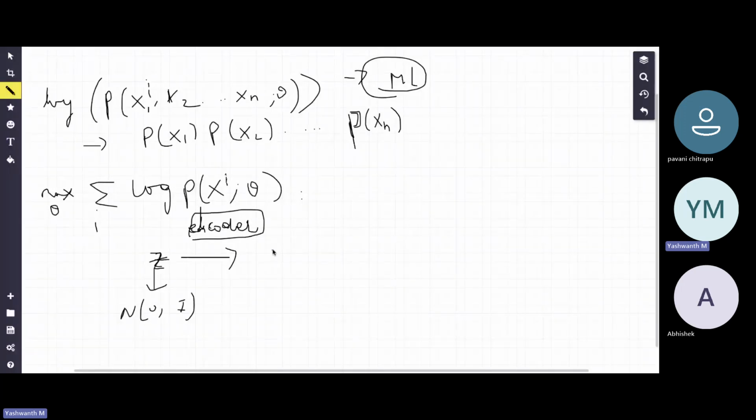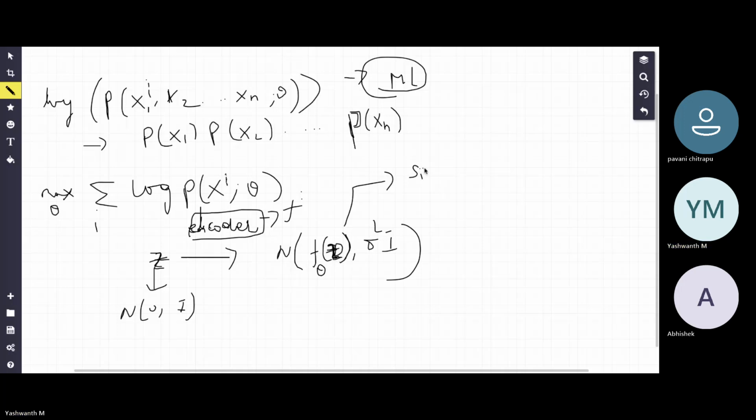Let's say it gives us a distribution whose mean is f of theta of z, with some variance sigma square. And this f theta of z should be of the size of the input.